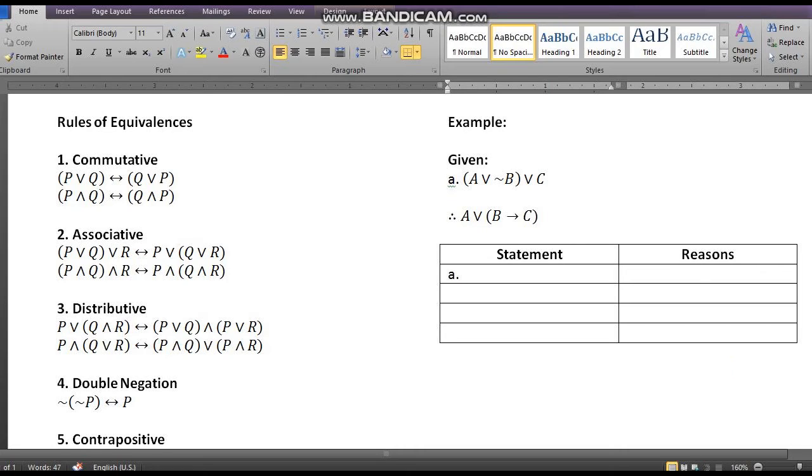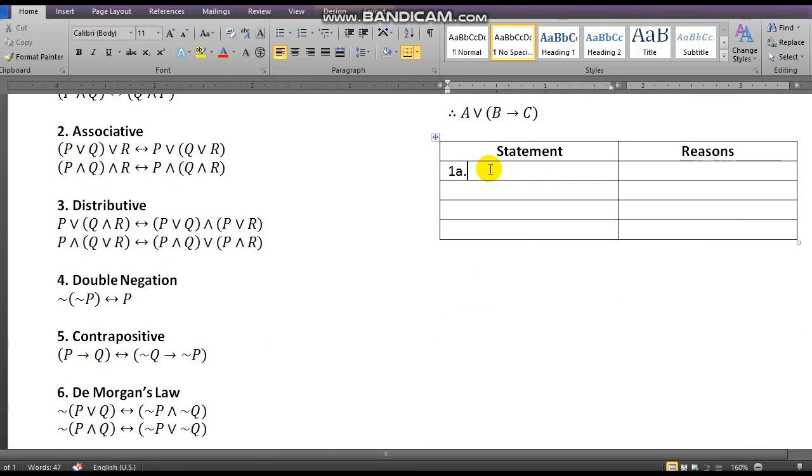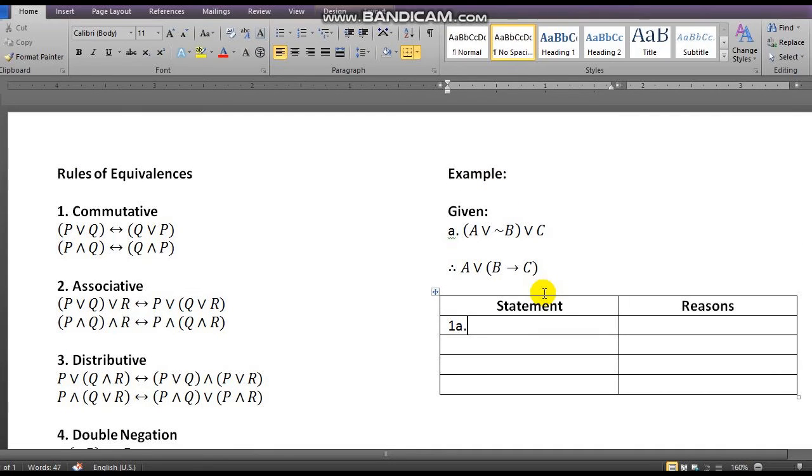So we have 1A. Now take note that the given will be rewritten as letters A, B, C, D. But for the statements, we're going to write as 1A, 1B, 1C. Later on in our rules of equivalence, you'll see an example like that. So 1A is this given here. The reason is given.